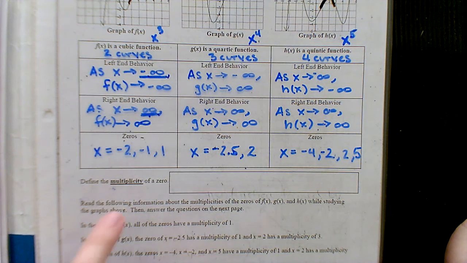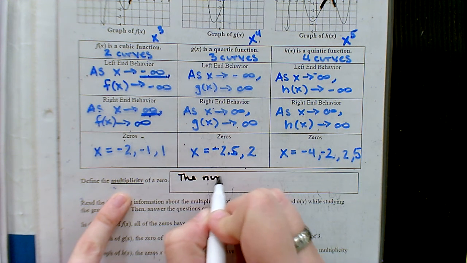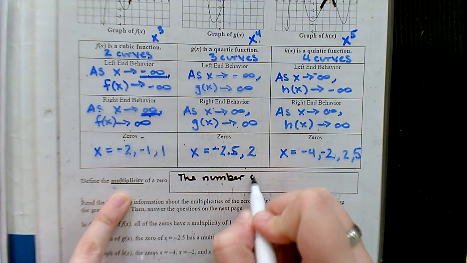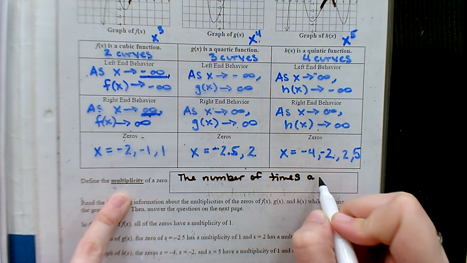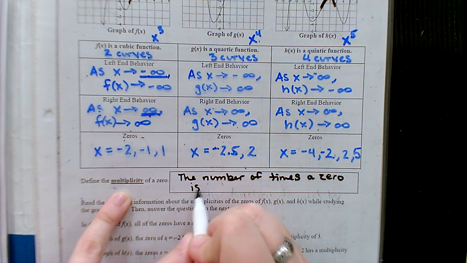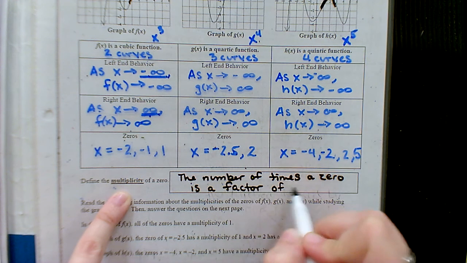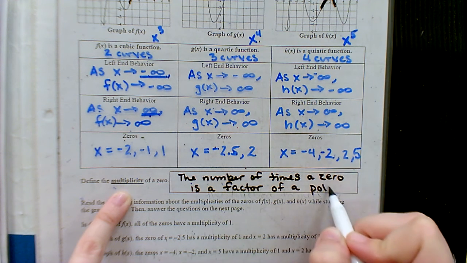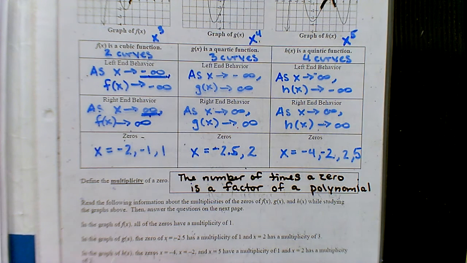So we're going to define multiplicity as the number of times a zero, aka x-intercept, is a factor of a polynomial. We looked at this concept yesterday.